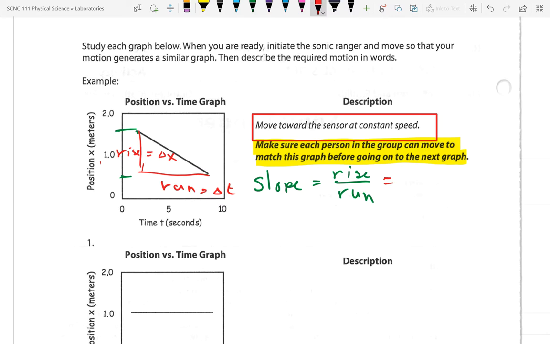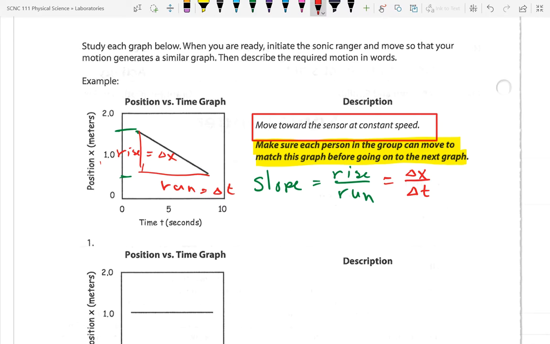So using the substitutions, the slope is change in position divided by change in time. But what did we see before that was change in position over change in time? That was the speed. So the slope of the graph is the speed.